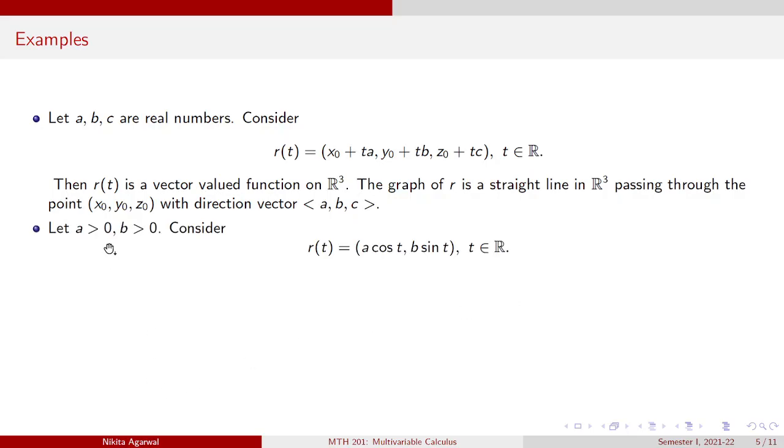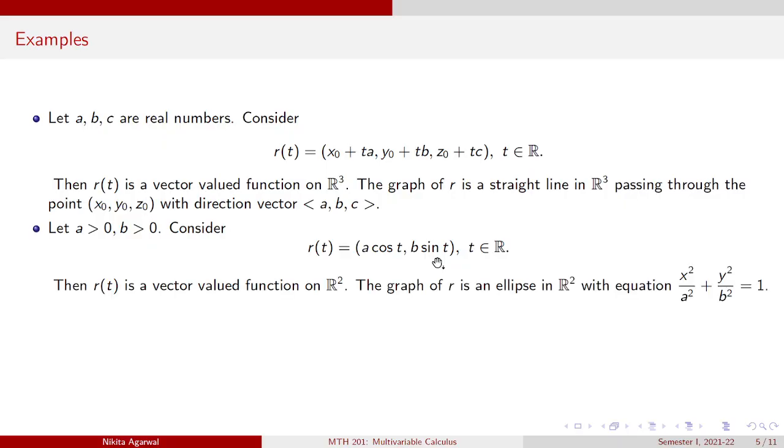Now let a and b be positive numbers and consider this function r(t), which is (a cos t, b sin t). It's again a vector valued function on R2, right? Now the image is in R2. And what is the graph of r? It's an ellipse in R2. How? If I divide the first component by a and square it, you get cos square t.